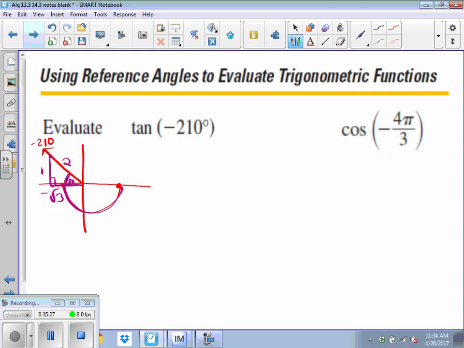So if I'm going to redraw this out here just so it's a little bit bigger and better. So this was 30. This was 1, 2, square root of 3. So if I want tangent is what over what? Opposite over adjacent. Good.